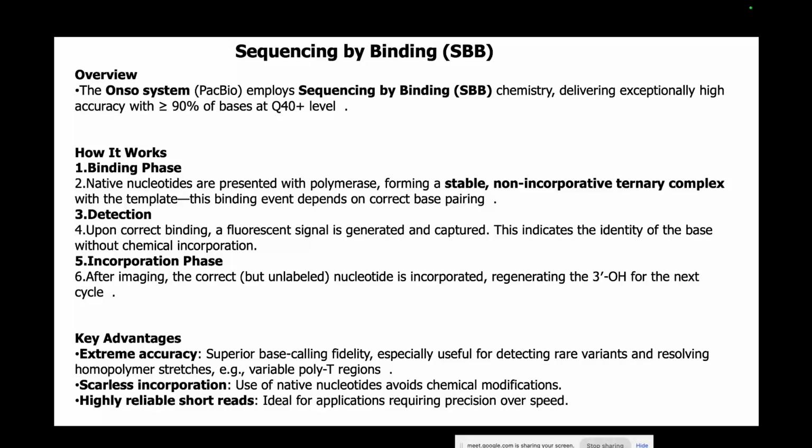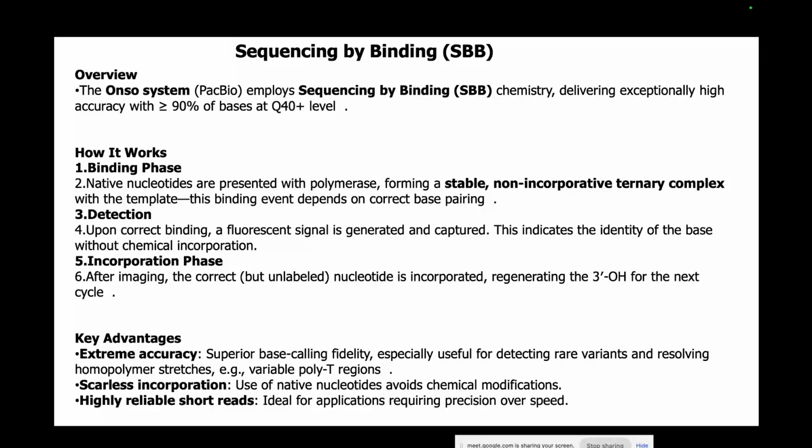And you are doing it reversibly. So you have this ternary complex, you are incorporating them with respect to the template with the help of the polymerase, and you're capturing what signal is coming out of there. But that cannot be continued for the next base. You have to remove that ternary complex, get an actual native nucleotide, and then continue.